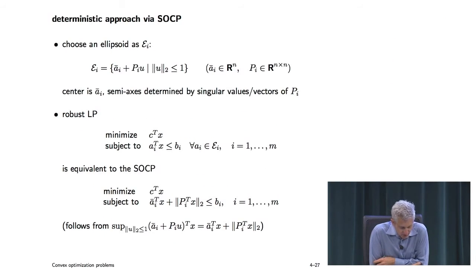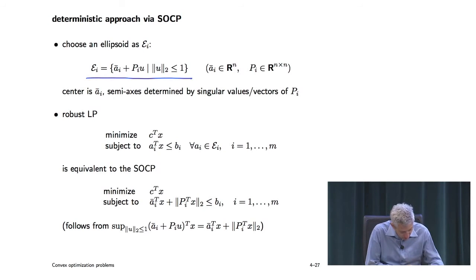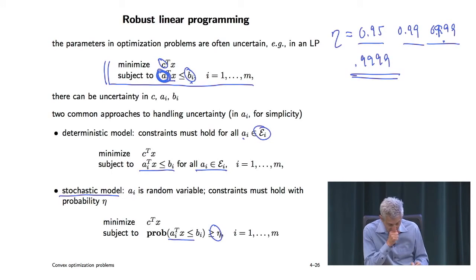Okay, let's look at the deterministic approach. Let's see how that works. Let's say that the ellipsoids describe possible values of the a_i. And you might ask, how do you get these? Well, these are problems we'll even look at in this course. The answer is you'd look at a_1, a vector that characterizes the resource consumption for the first resource.